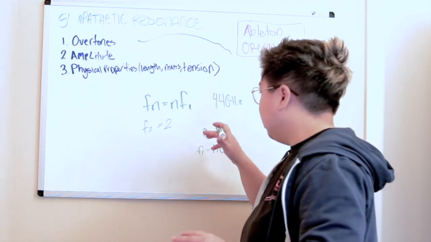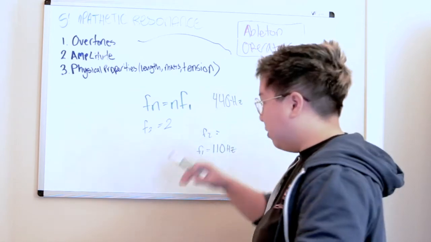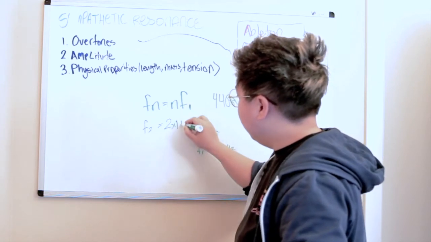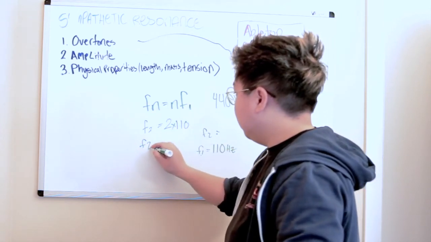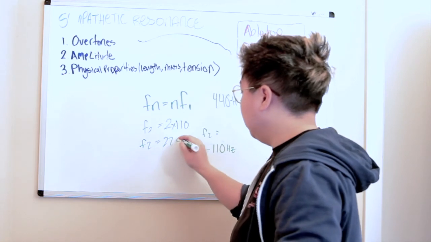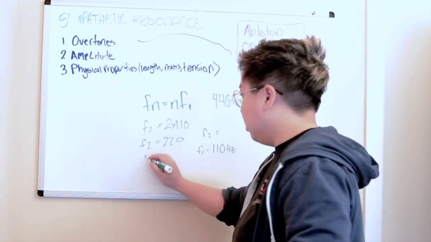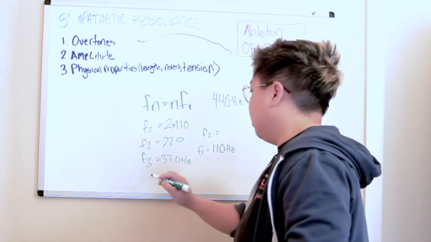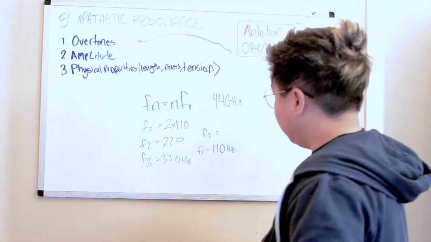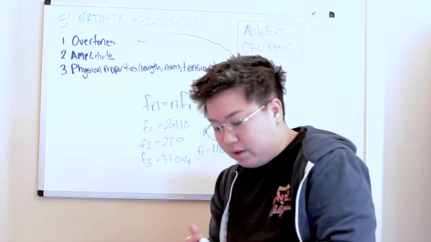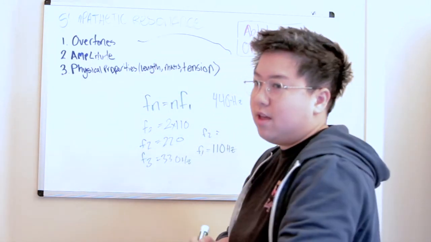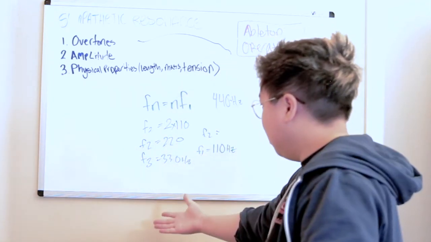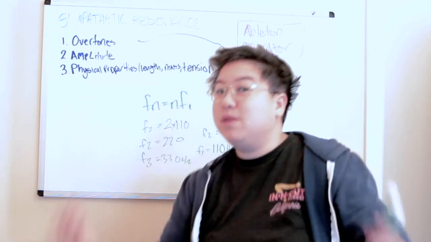Second harmonic, second fundamental, you get it? So 2 times F1, which is times 110. So F2 equals 220. That's the second harmonic. You can keep going. F3 equals 330 hertz, etc., up to 440. So if you had multiple things tuned to these fundamentals, you would be able to hear them.